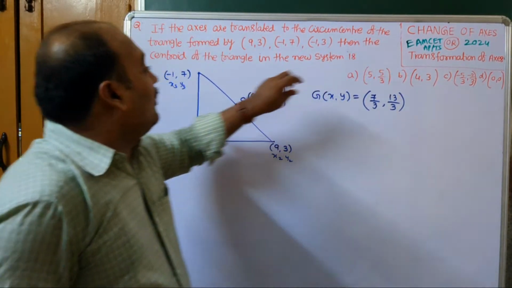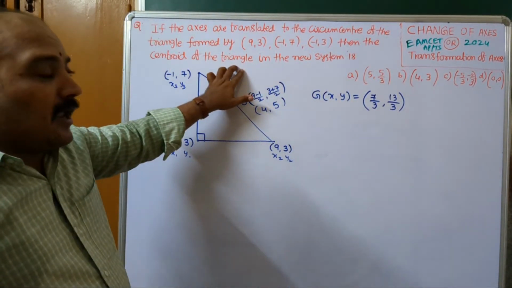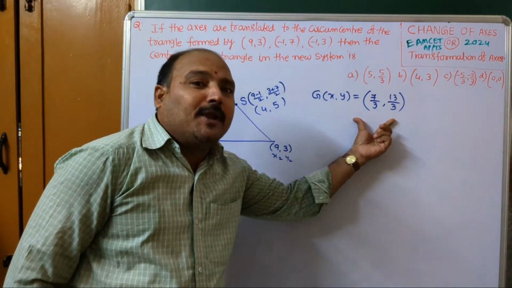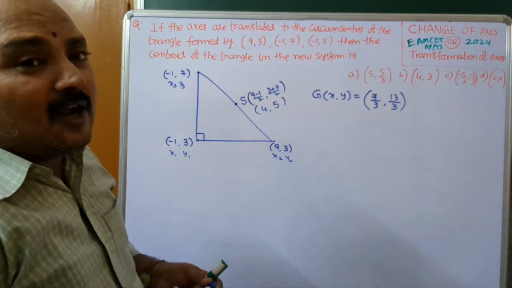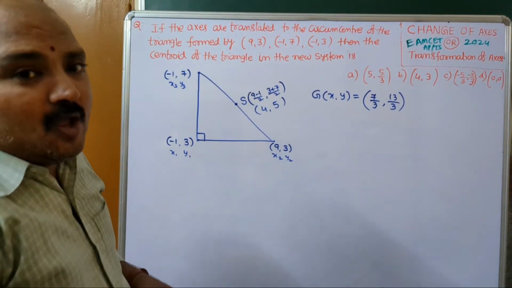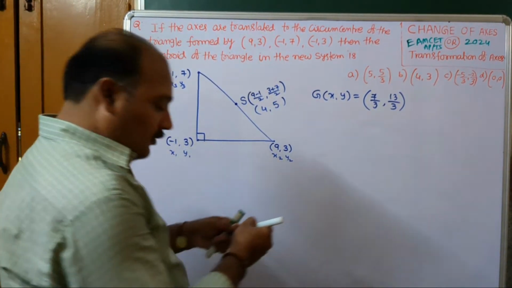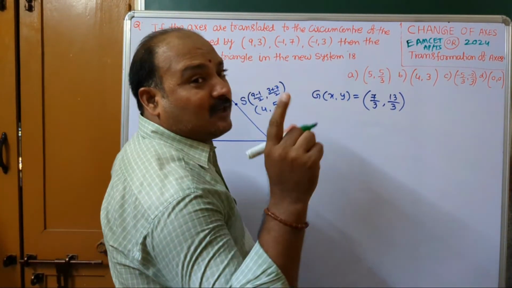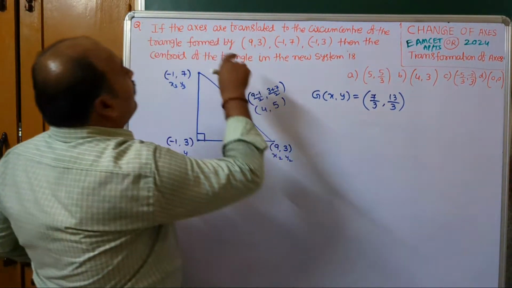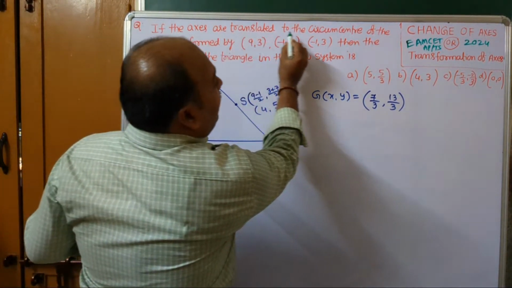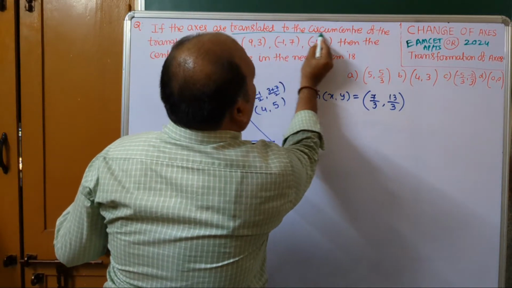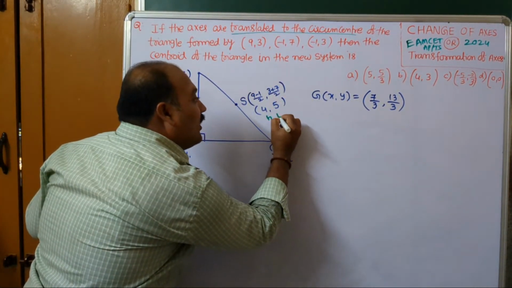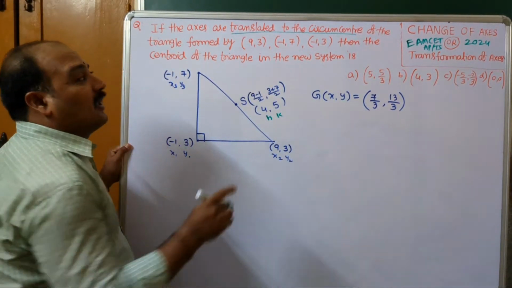Then the centroid of the triangle in the new system, that means this is the old point, they are asking to find the new one in the new system. We know the formula for small x equal to capital X plus h, no? Translated to the circumcenter, observe carefully, means the origin is shifted to h comma k.